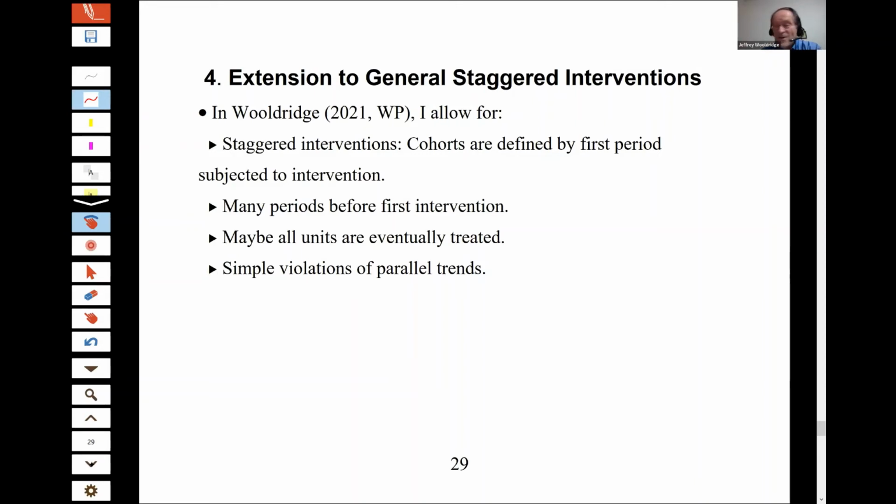Now, I would like to do that, but actually I feel pretty good about this kind of regression framework because the simulations I've done show that it works quite well, and it's actually hard to beat.